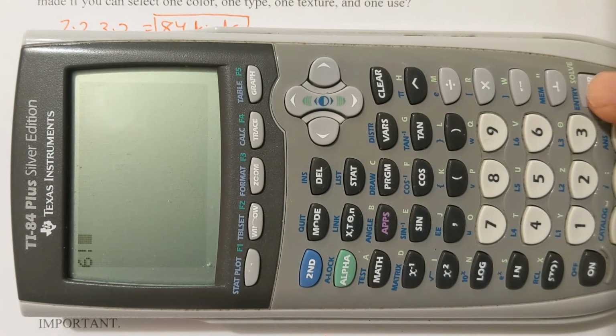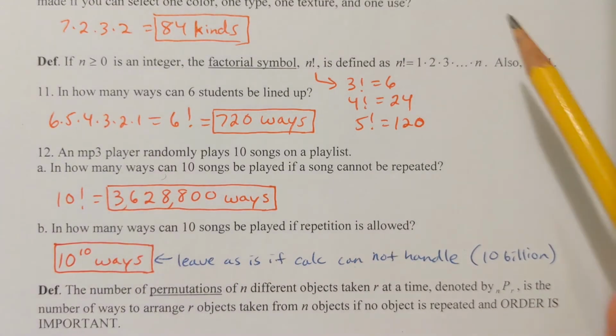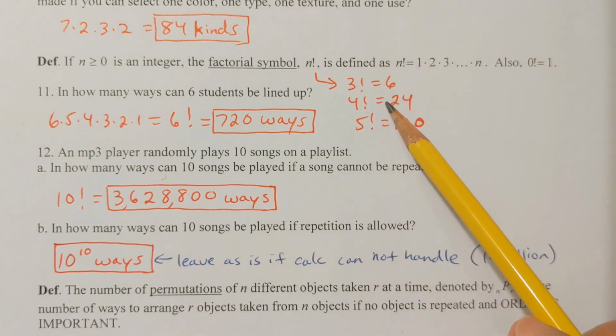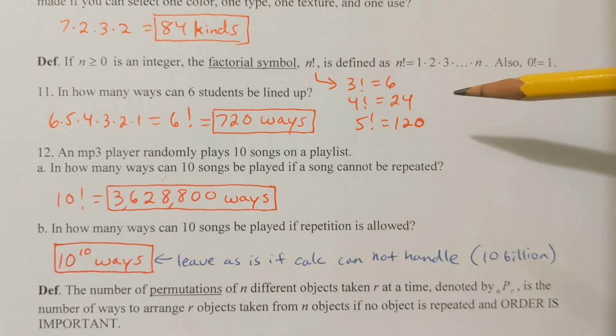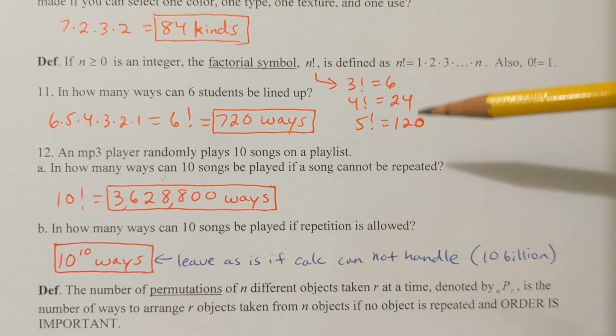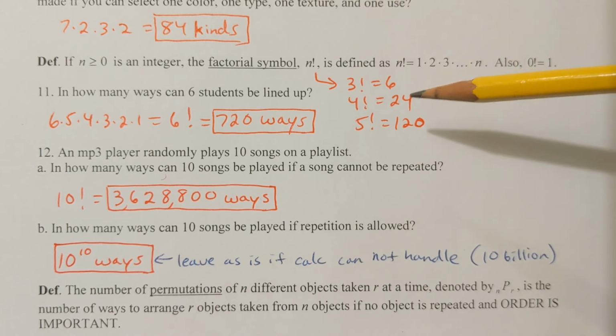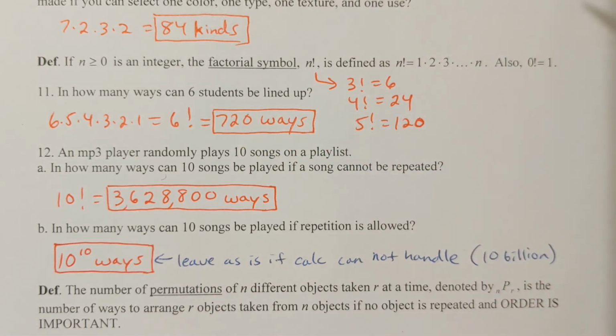So 6 factorial gives me 720. 3 factorial is the same as 3 times 2 times 1, or 6. 4 factorial is the same as 4 times 3 times 2 times 1, or 24. 5 factorial would be the same as 5 times 4 factorial, so 5 times 24 would be 120, if you were to check that. Here's 6 factorial.